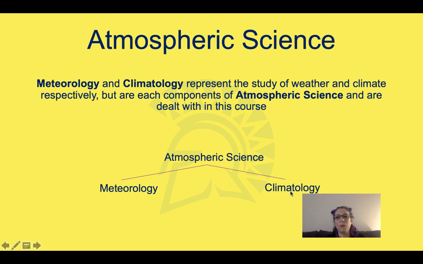But there are other people that choose to focus on climatology, which is going to be more the statistical means and more of the long range stuff. To understand, atmospheric science is actually both. It's like an umbrella that encompasses both meteorology and climatology. So if you're interested in weather or climate, or you're a major, understand that atmospheric science is that term for both.